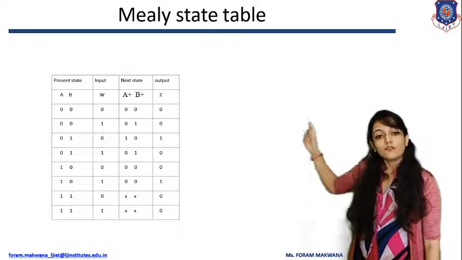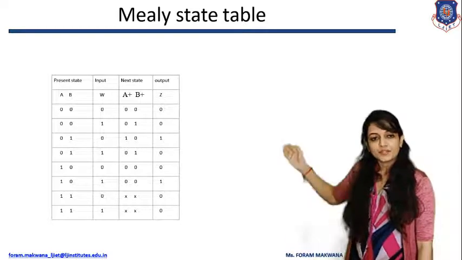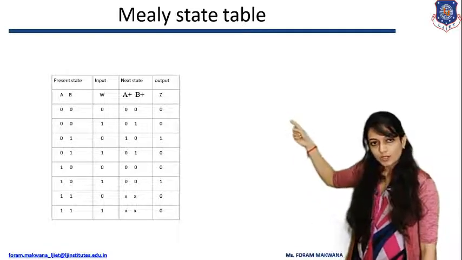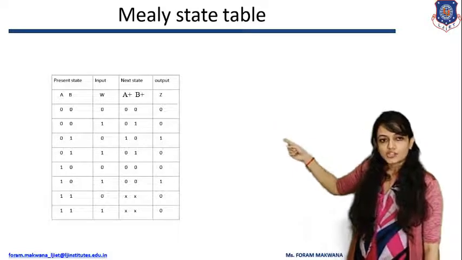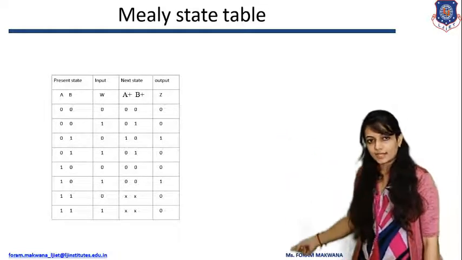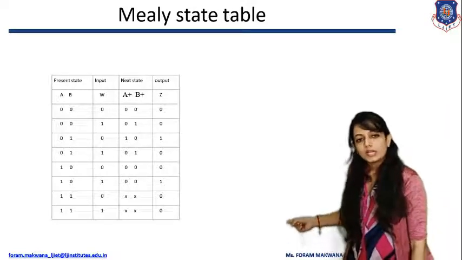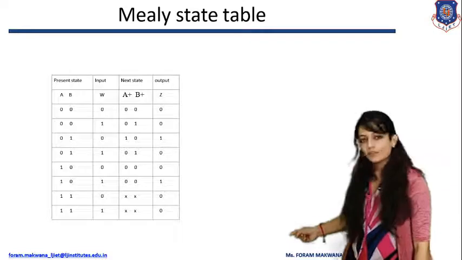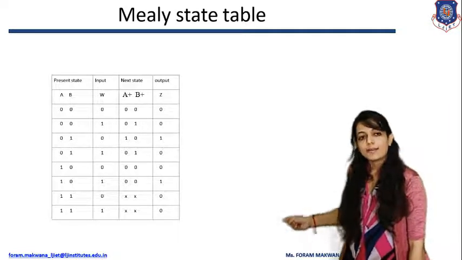Okay, now for Z, at which places is 1 there? 1 is there for 2 places. The first one is W dash A dash B plus, the value of W, that is 1. So W, and the value of A and B is 1, 0, so A B dash.